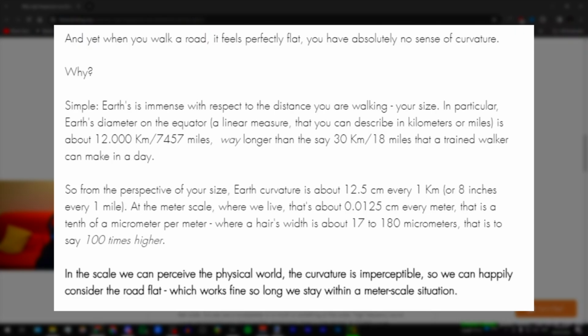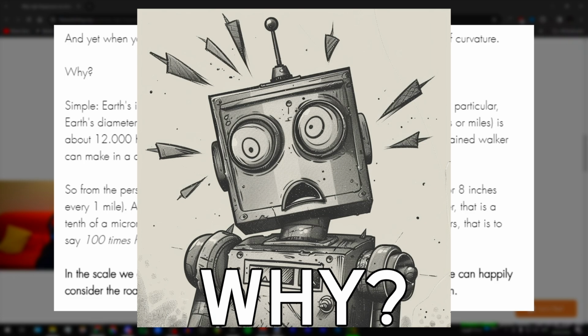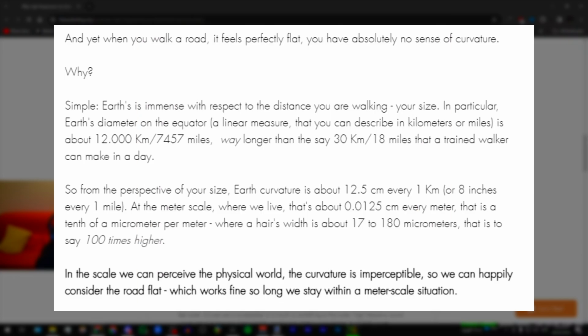And yet when you walk a road, it feels perfectly flat. You have absolutely no sense of curvature. Why? Simple, Earth is immense with respect to the distance you are walking, your size. In particular, Earth's diameter on the equator is about 12,000 kilometers, 7,457 miles.